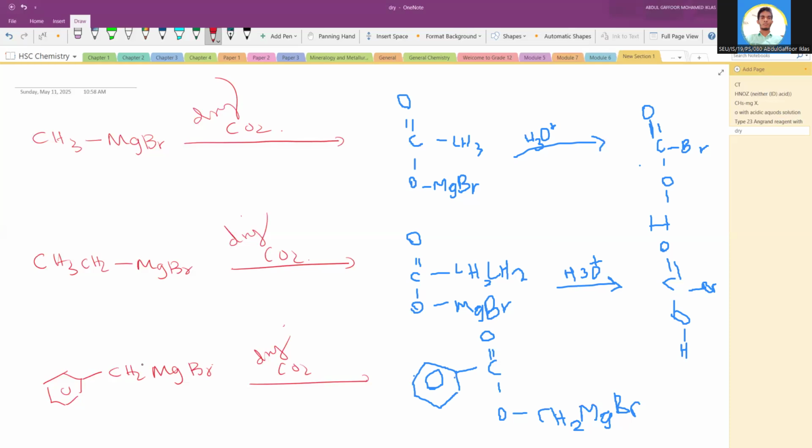Actually, give me one second. Very good, very good. Yes, like CH2 there and then MgBr, because that's part of the carbon chain.